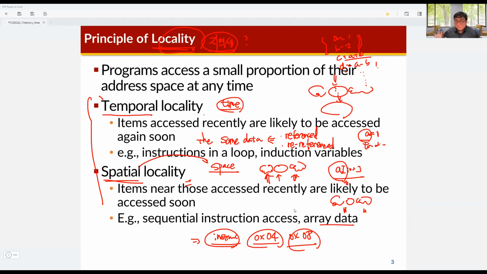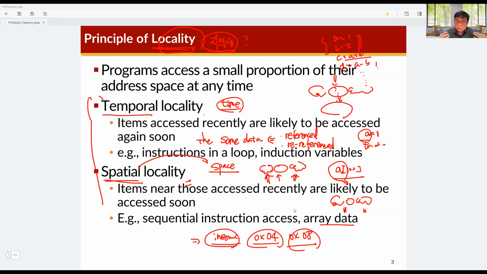This locality is frequently observed in our normal applications, and our memory systems make use of temporal locality and spatial locality to improve the performance of our computer systems.